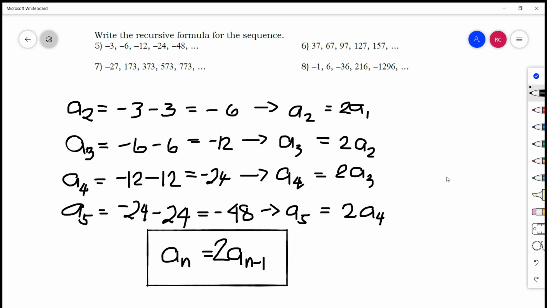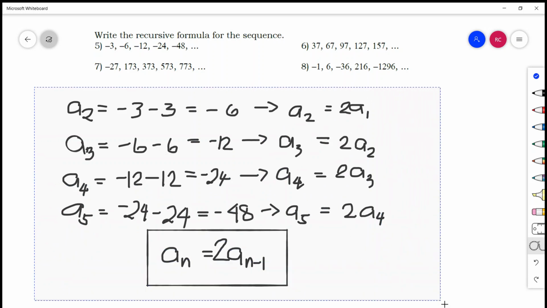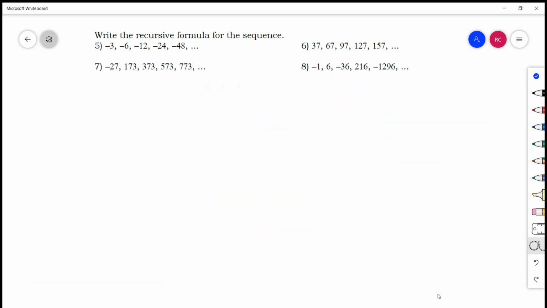Now let's proceed with problem number 6. So let us clear everything. So problem number 6. So we have a sub 2 is equal to 37.